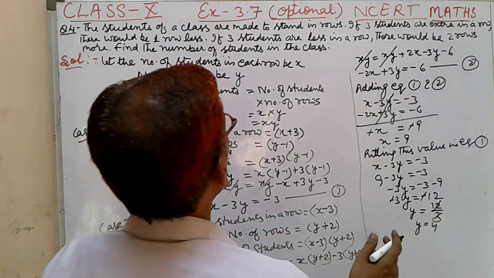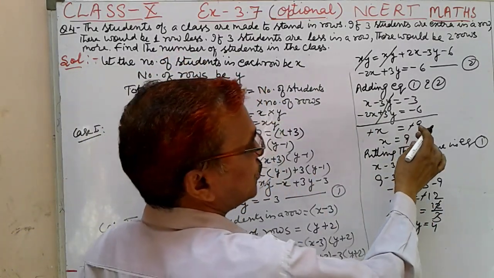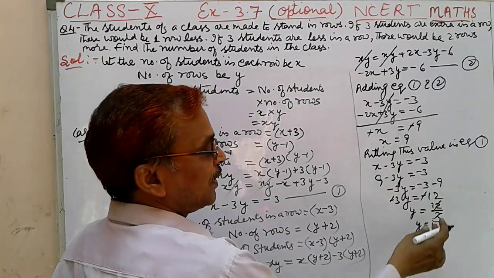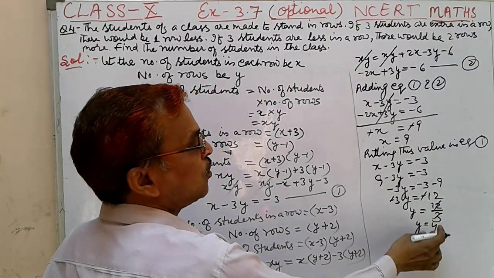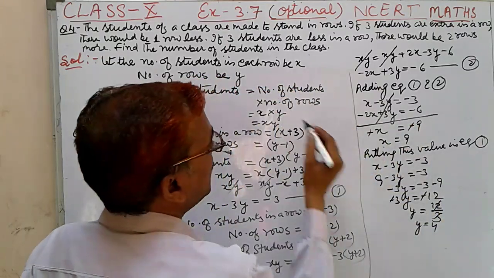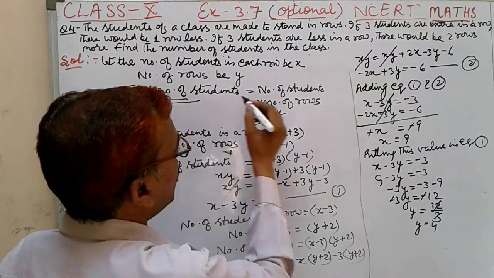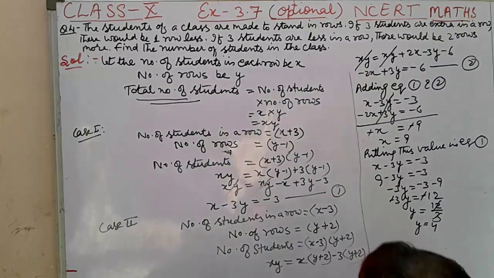This y is equal to 4 is the number of rows. So the number of students in each row is 9 and the number of rows is 4. So the total number of students will be xy. This is the final required answer, the number of students.